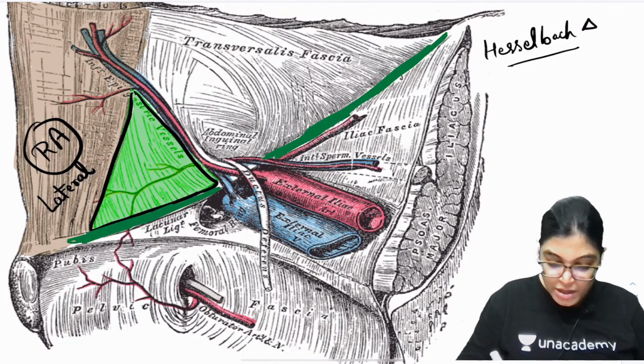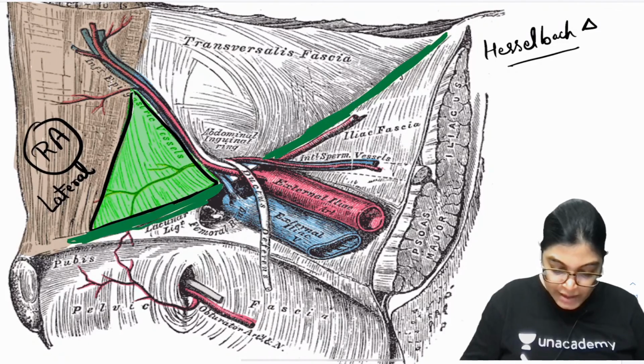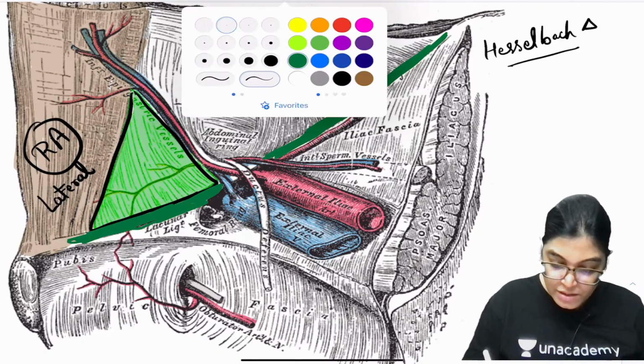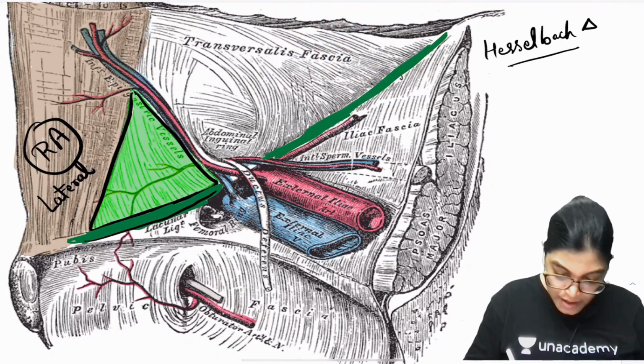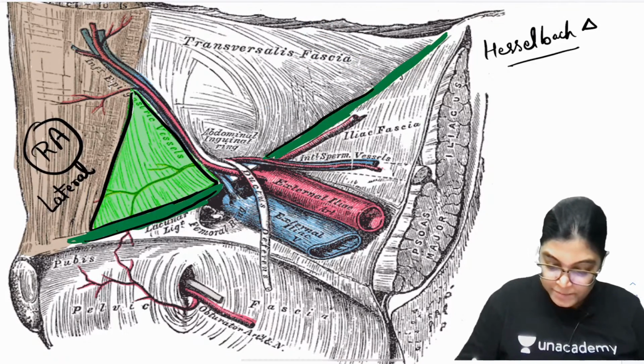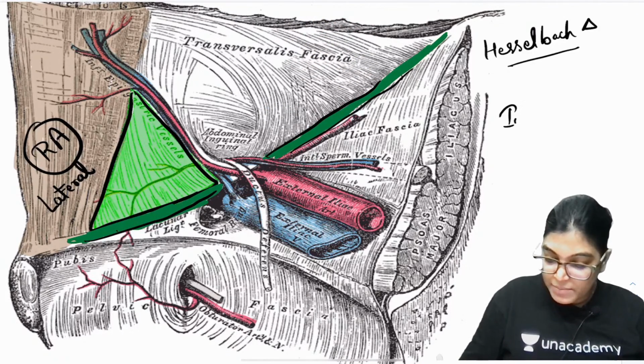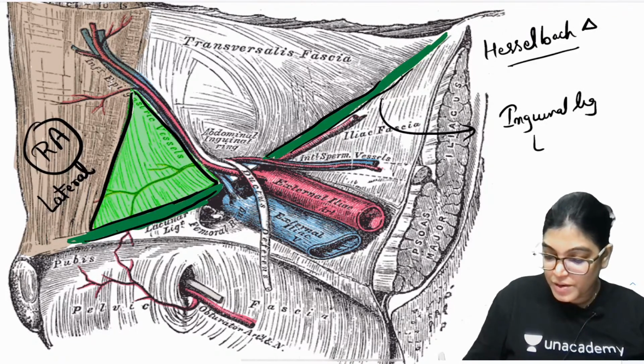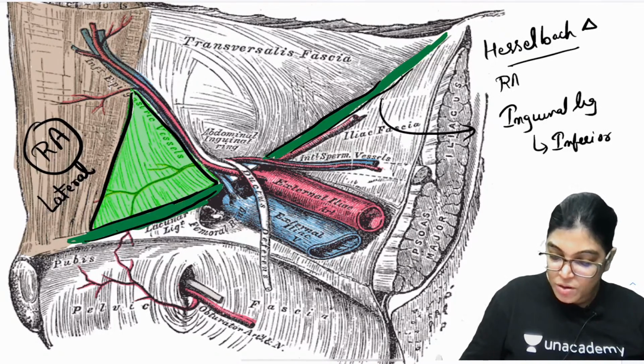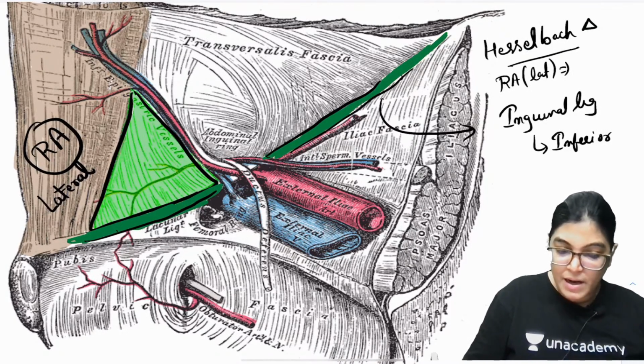And the lacunar ligament, we know, is the medial extension. So the inguinal ligament is the correct answer to the confusion, I think, that you had. This inguinal ligament is forming the inferior border. The lateral border of rectus abdominis is forming which border?